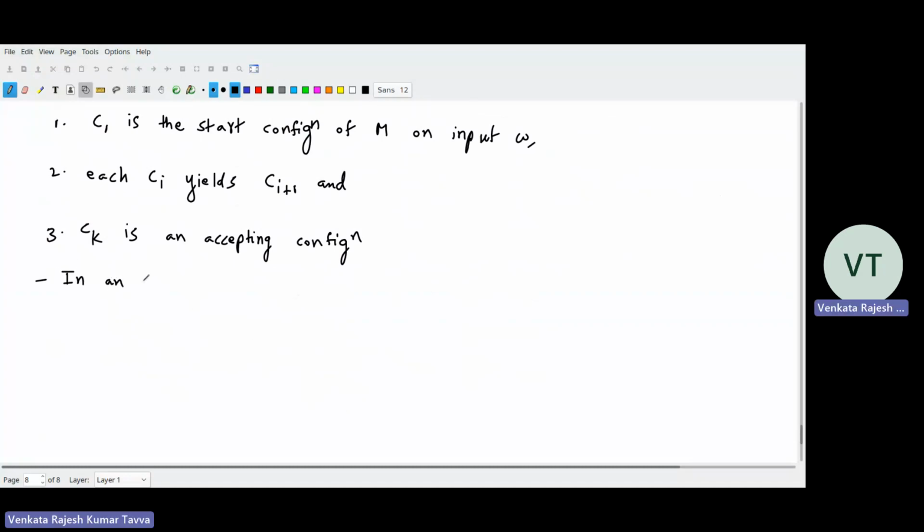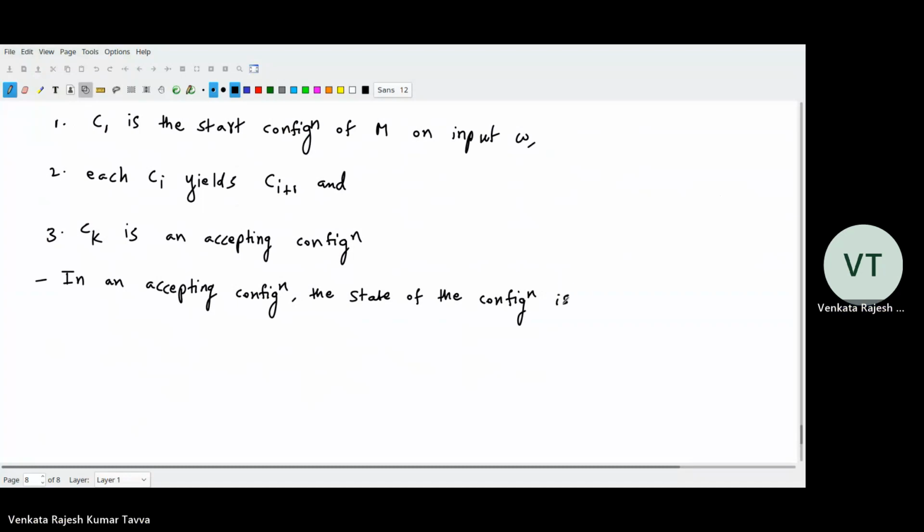In an accepting configuration, the state of the configuration is, what will be the state of the configuration in an accepting configuration? You accept.